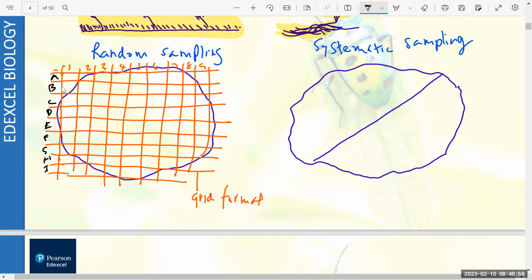For example, this one is B2, this one is E5, this one is H6. So we can give a name to each grid area.